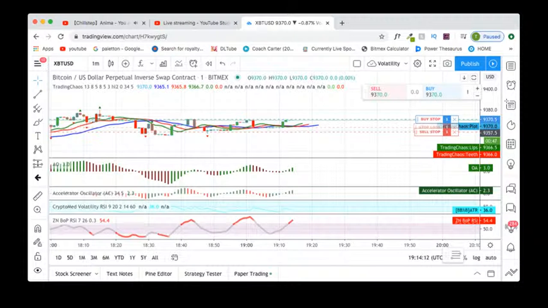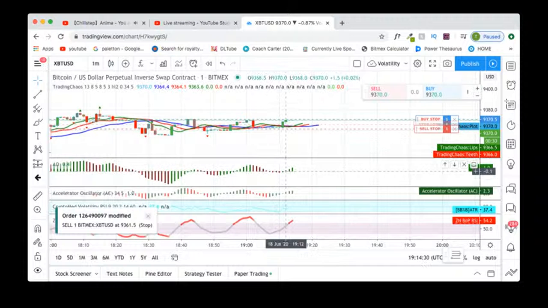I'm going to tighten up my sell right here. It's a down fractal. We're getting kind of saddled on the 1 minute.